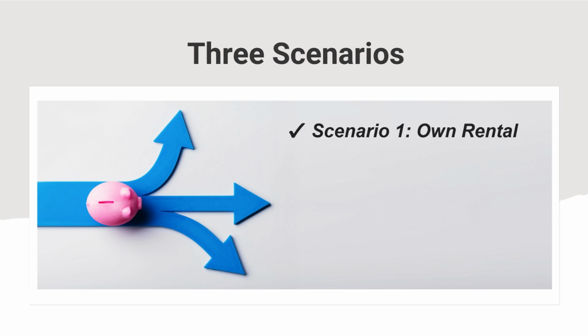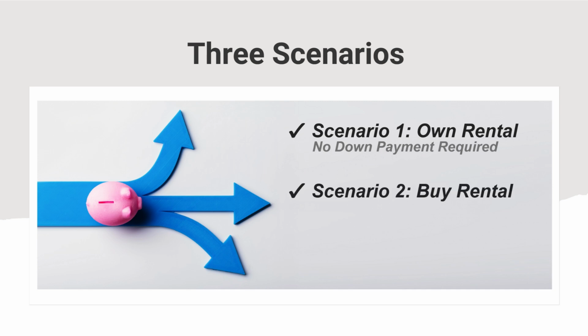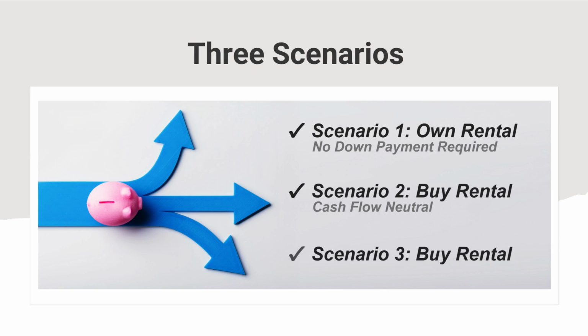The first scenario will be that the homeowner already owns the rental, so they don't need to borrow the down payment, and we are simply reorganizing the cash flows in a way that improves tax efficiency. The second and third scenarios are when the homeowner purchases the rental and borrows the down payment from their investment line of credit. We will look at how a rental purchase plays out when the property is cash flow positive and when it's cash flow negative.